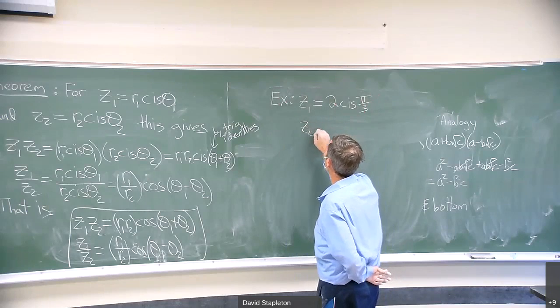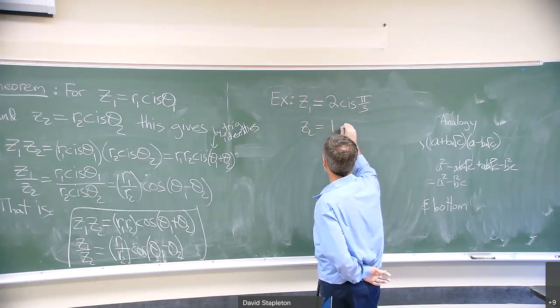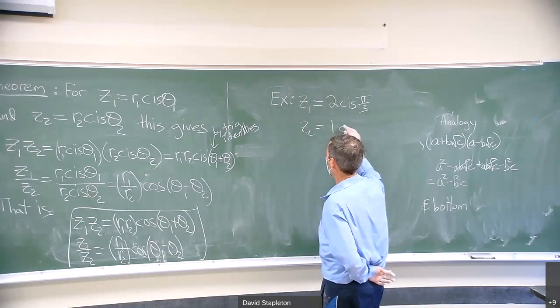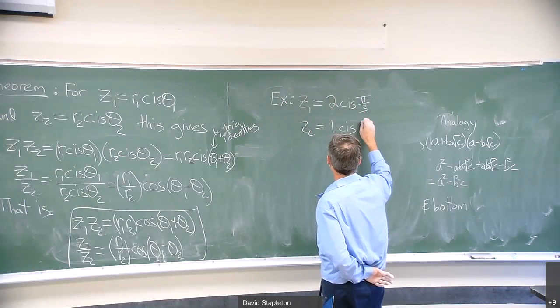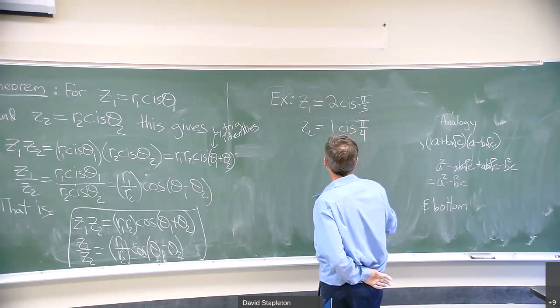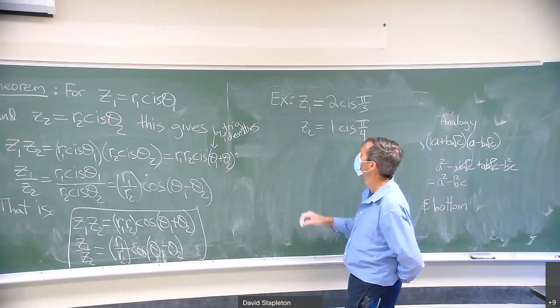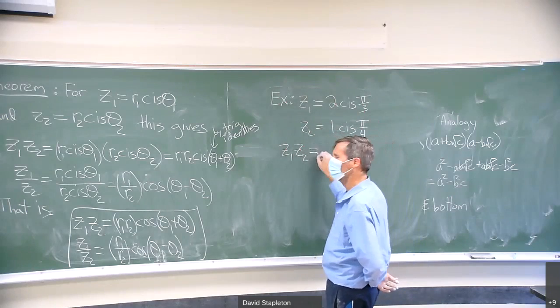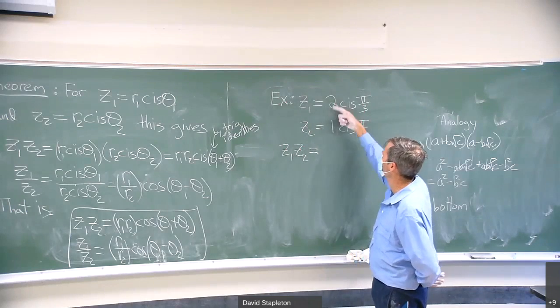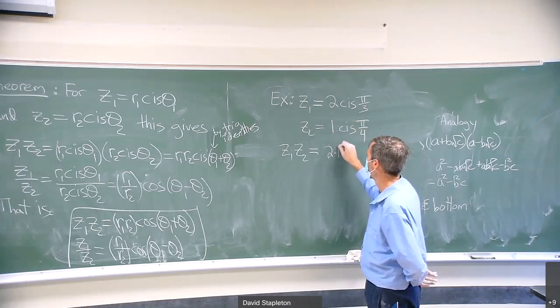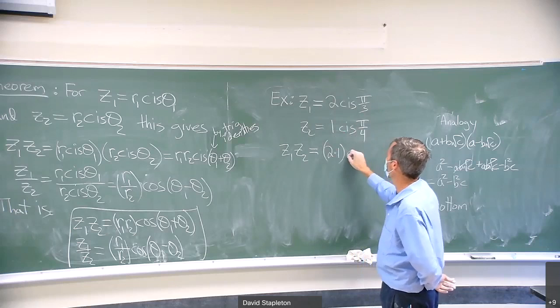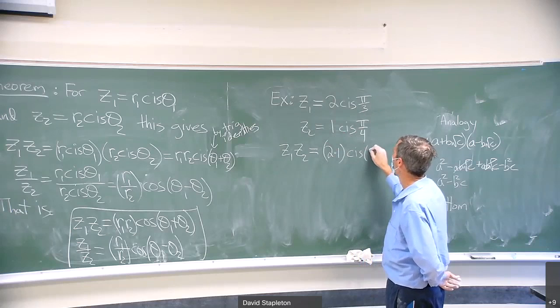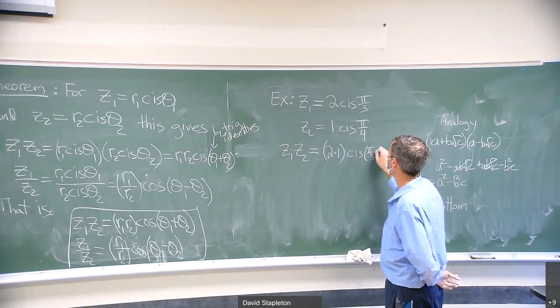And Z2 is 1 times, so you can leave the 1 out if you want, cosine plus I sine pi over 4. What is Z1 times Z2 in polar form? Well, you multiply the r's, it's 2 times 1. And you add the angles, cosine plus I sine of pi over 3 plus pi over 4.